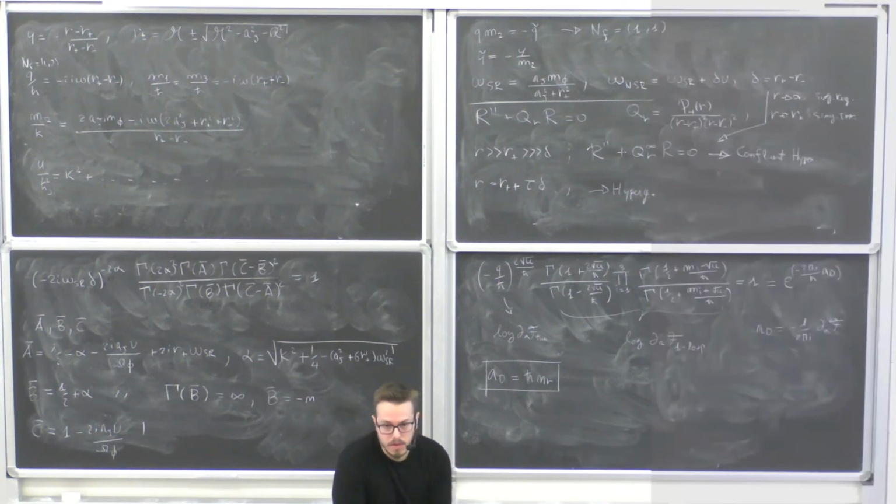Okay, so there are two arguments for this. One of them requires a new ingredient which we didn't have time to introduce, which is the AGT correspondence. The AGT correspondence relates two-dimensional CFTs, Liouville theories or Toda field theories, to supersymmetric theories such as the SU(2) Seiberg-Witten theory.